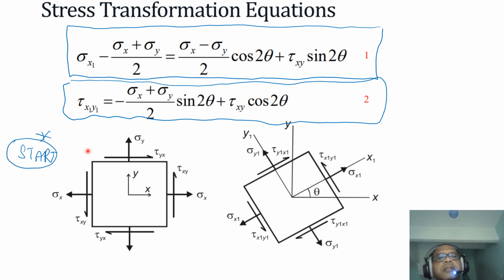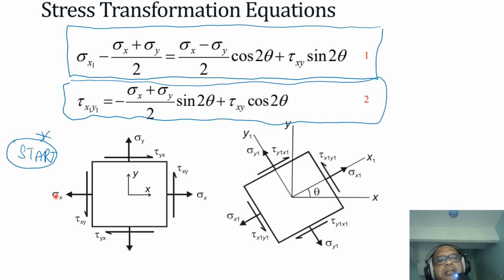Let's say we have a stress element, where the normal stress in the x direction is given by sigma x, the normal stress in the y direction is given by sigma y, and the shear stress acting on the y face, normal to the x, is tau xy. Then the shear stress has to be balanced with tau yx, head to head and tail to tail. This is balanced, so the summation of moment about the centroid is 0, and the summation of force is 0.